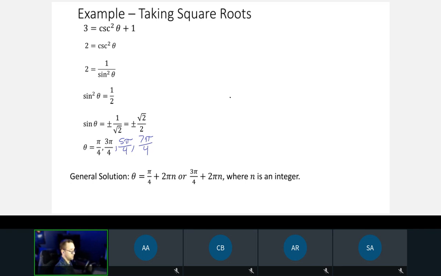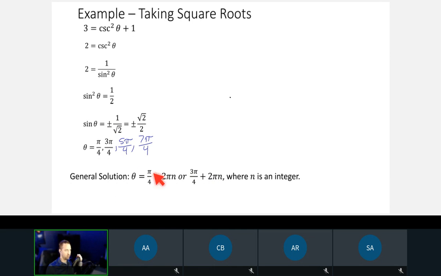So one thing that we could do, because it is all 4 of these, and then we're doing plus 2 pi n. So we're doing basically the coterminal angles, right? We're just adding or subtracting a full rotation. But because pi over 4 and 5 pi over 4 is a half a rotation apart, so pi over 4 plus pi is 5 pi over 4, we could actually simplify this answer further.